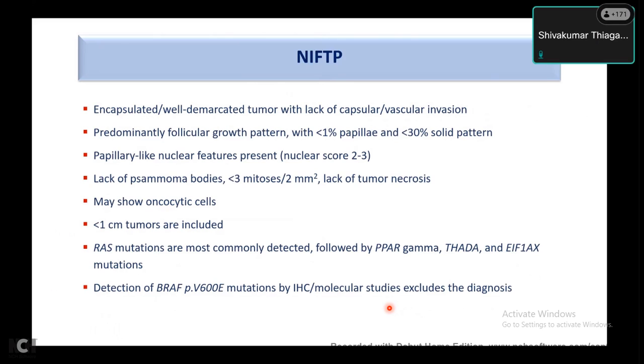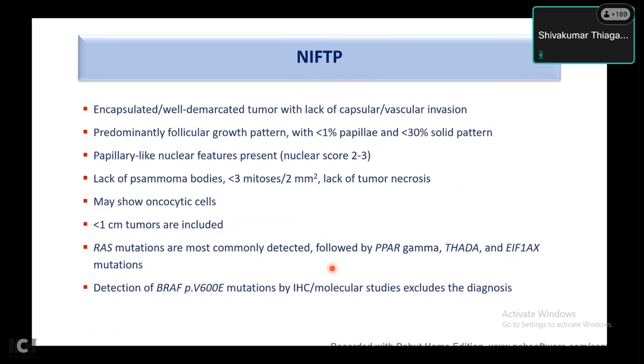And also regarding the Bethesda 3 and 4 nodules, it's always a very tough call as to how to treat them. So clinically, if I have a Bethesda 3 nodule, probably we'll repeat an FNAC. If it comes as Bethesda 3 again, then the clinical factors and the radiological factors, especially the ultrasound features of the nodule in question, need to be considered.